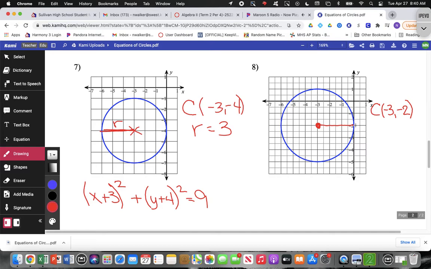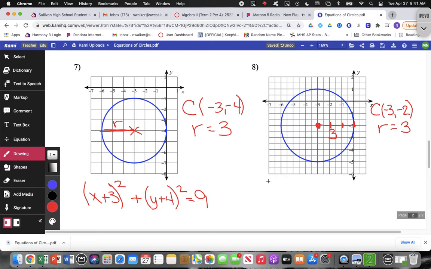And then from -1 to 0 makes 3. So always make sure that you are counting by whole numbers and not fractions. Always look at your scale. On that one, it is 3. So just make sure you look at your scale. Sometimes they count by 2s. So always just pay attention to your scale.